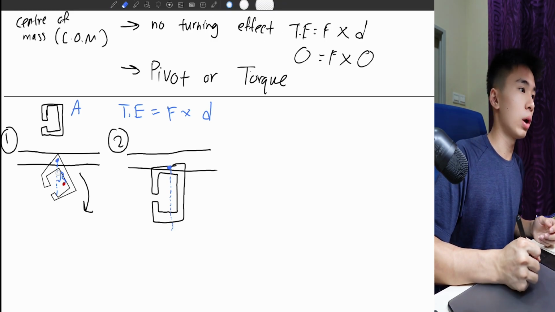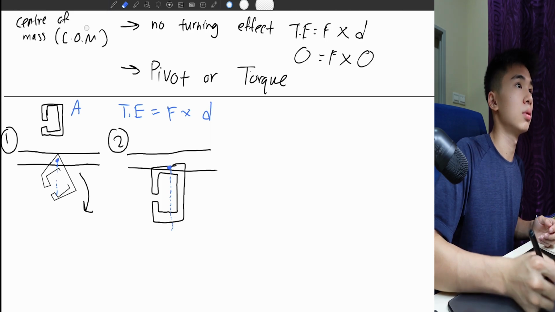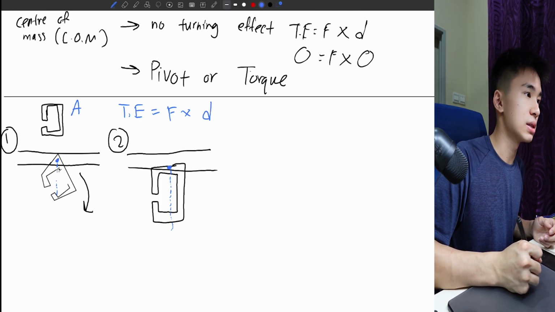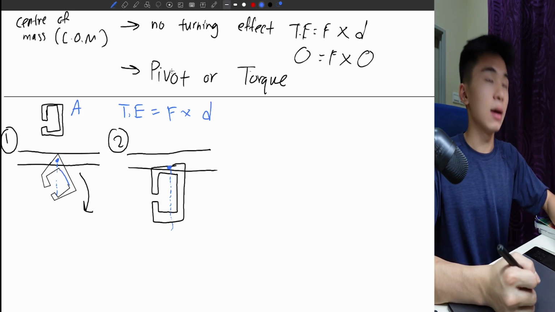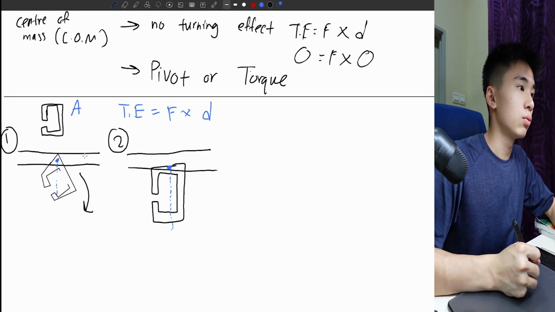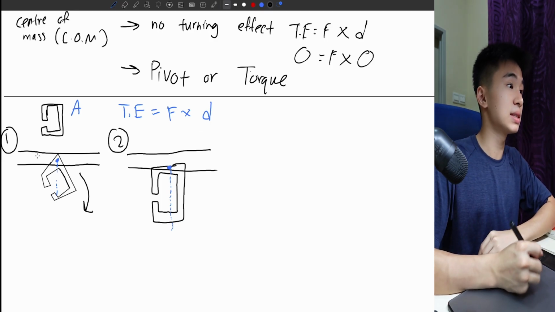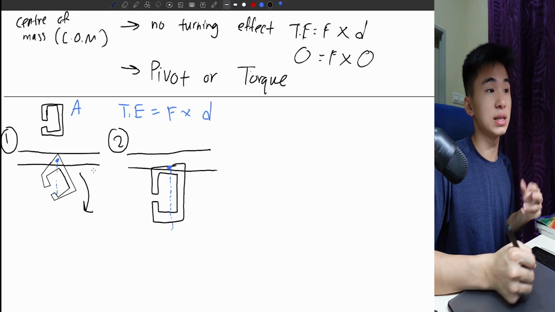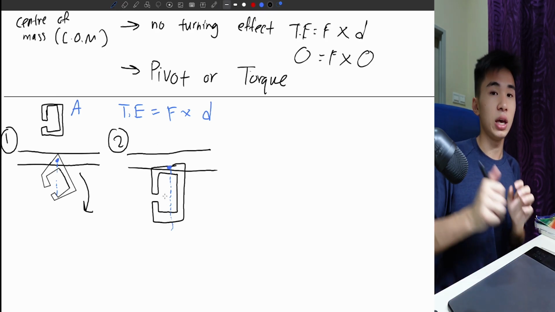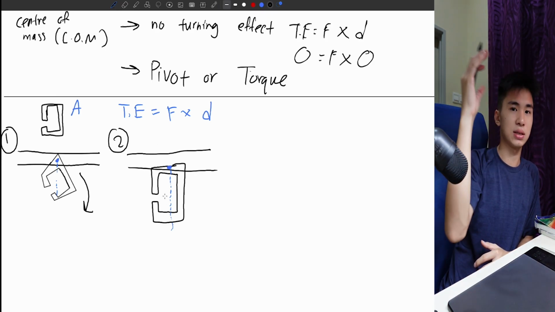And for diagram 1, let me erase the center of mass as well, because we can do it without it. In the end, we will still be able to find the center of mass. After diagram 1, we will have a clockwise turning effect. It will slightly shape like this, okay?